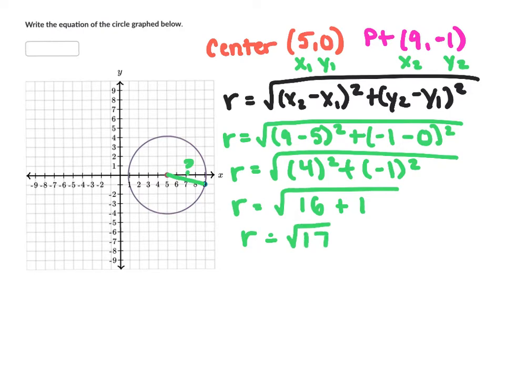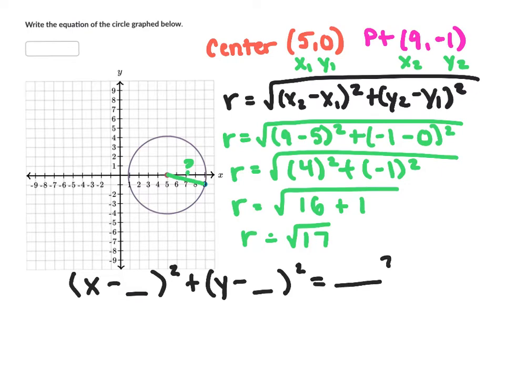However, the square root of 17 isn't a perfect square, so we can't simplify this. It has to stay exactly as is. So now when you're writing your equation of the circle, we have to fill in the x-coordinate, the y-coordinate, and the radius into the blanks.